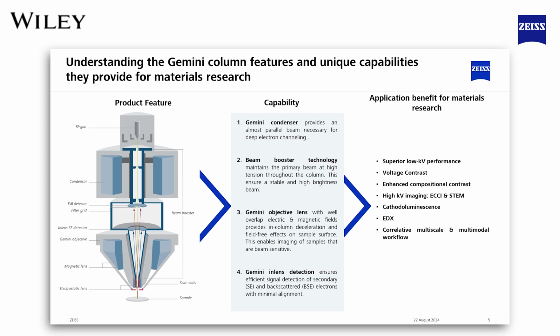We also have beam booster technology that maintains the primary beam at high tension throughout the column to ensure a stable and high brightness beam. Then we have the combination of Gemini objective lens with in-column deceleration and field-free effects on the sample surface, followed by a wide variety of high-performance detectors like the InLens, ESB, BSD detectors that deliver the best imaging results.